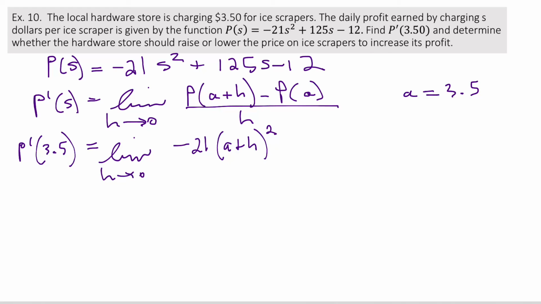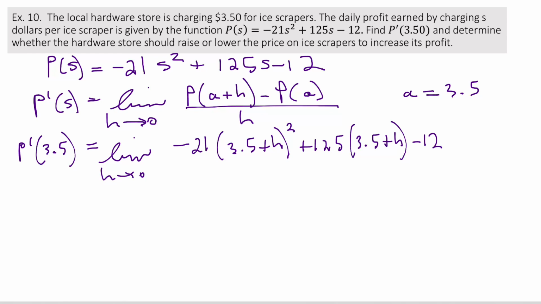All right, so let's go ahead and shorten this as much as we can. A is 3.5. All right, so that's here. Now I need it here as well. And then I've got minus 12.